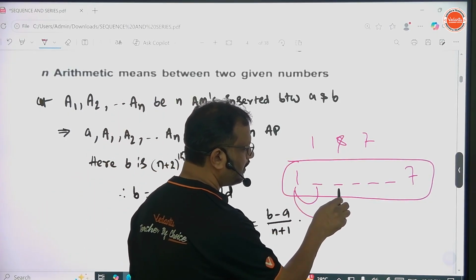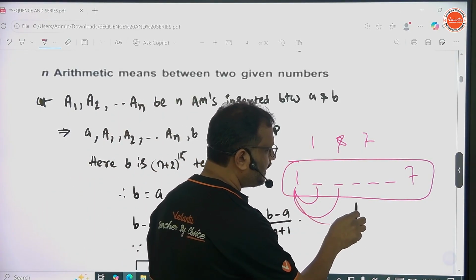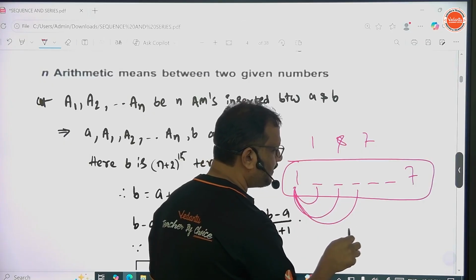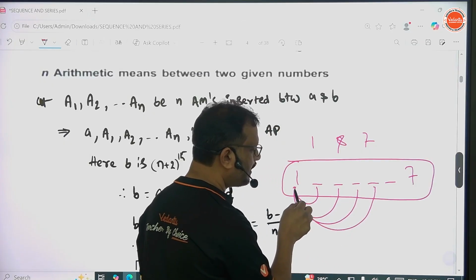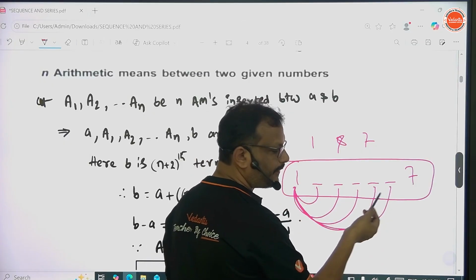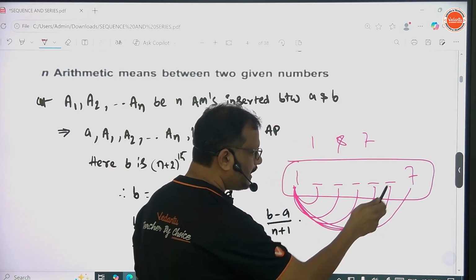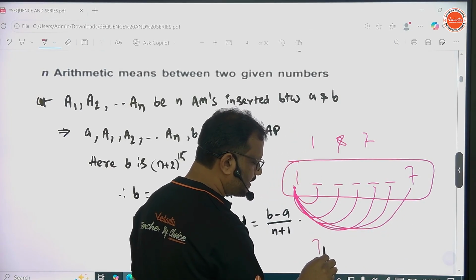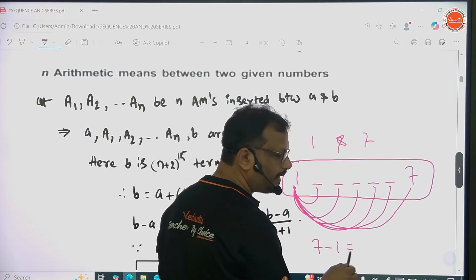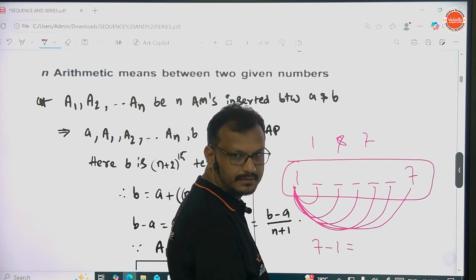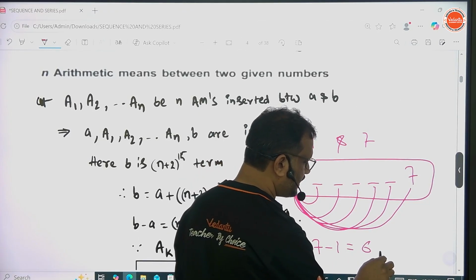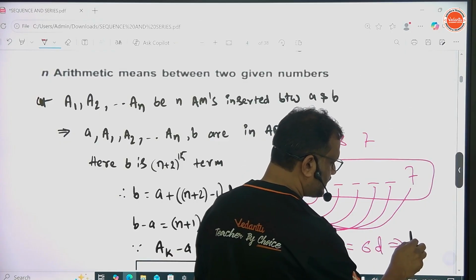Between these two will be 3D, between these two 4D, 5D, 6D. That means 7 minus 1, the difference of 7 minus 1 must be 6D, 6 into common difference D. So therefore, from here, what is D value?